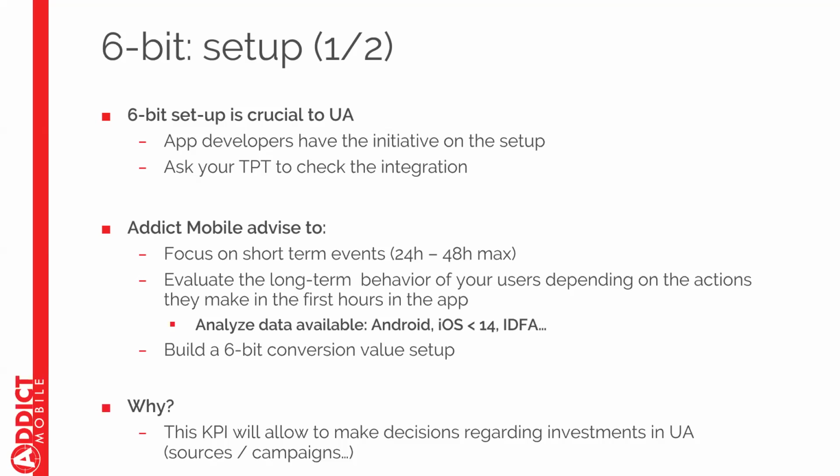Why you need to do this is because this KPI, the 6-bit conversion value, will allow you to make decisions regarding investments and user acquisition: which source will work, which campaign, and how to manage this. It won't be perfect, we know it. It's not what we have at the moment, but it's a way to work around the constraints.